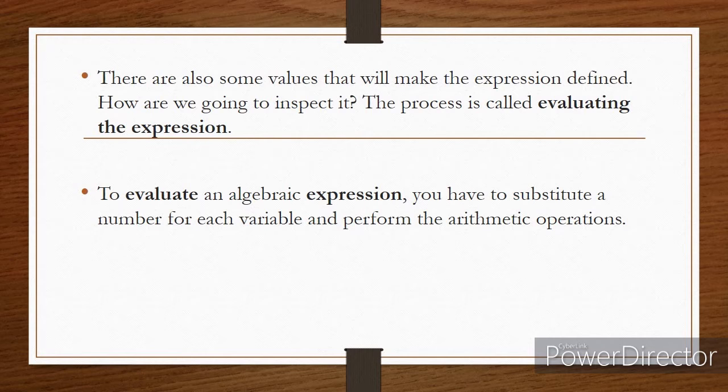Pwede siyang hindi excluded value. Ang tawag sa process na yun ay evaluating expression. And to evaluate an algebraic expression, you have to substitute a number for each variable and perform the arithmetic operations.